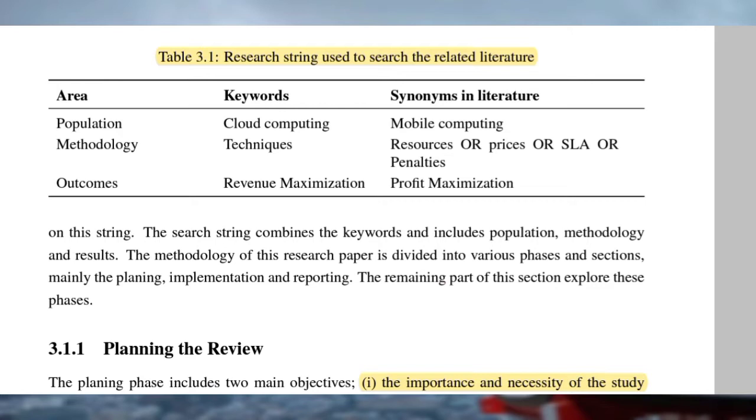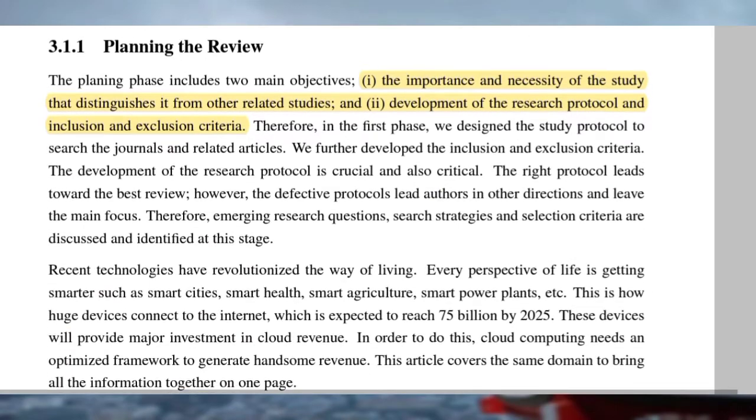The methodology is actually the techniques which we are using, and the synonyms in my case are resources, prices, SLA, and penalties. These are different types of techniques which we can use to maximize the provider revenue. Revenue maximization is my outcome, I want to maximize the provider revenue, so we can also say profit maximization, or optimizing the provider revenue.